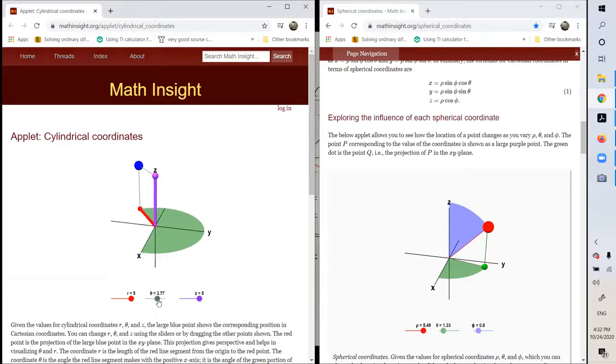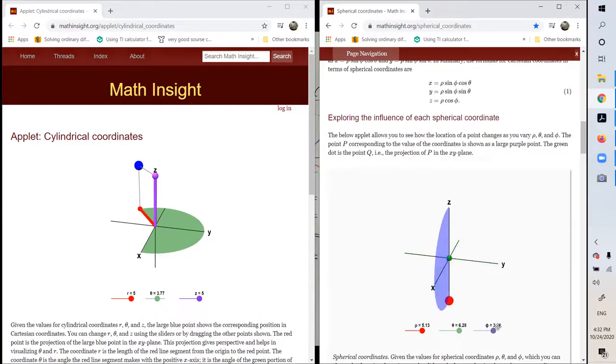This is cylindrical coordinates. Well, how about spherical coordinates? So this is your rho, the distance between the point and the origin. I'm changing that. Now I'm changing my theta. It means that my point is just rotating. What if I change my phi?